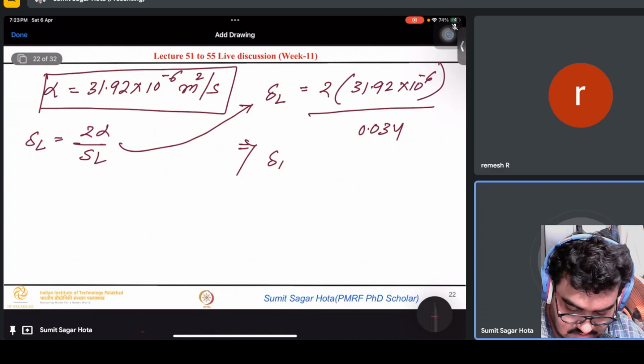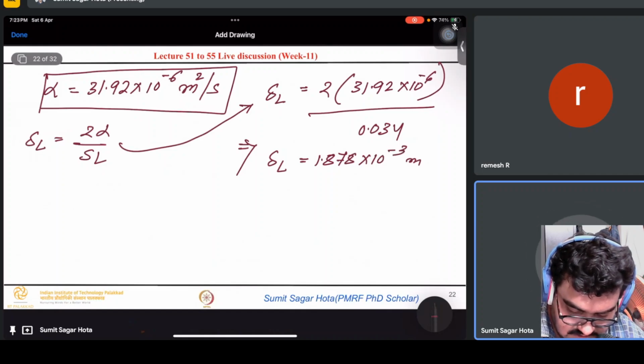So delta L equals 1.878 into 10 to the power minus 3 meter.